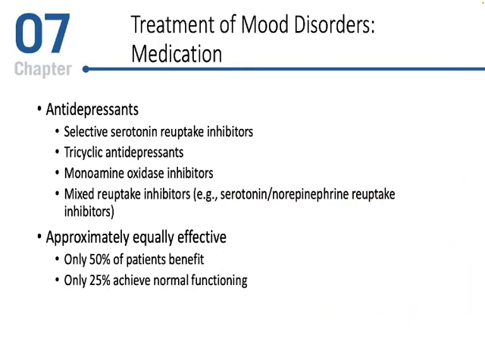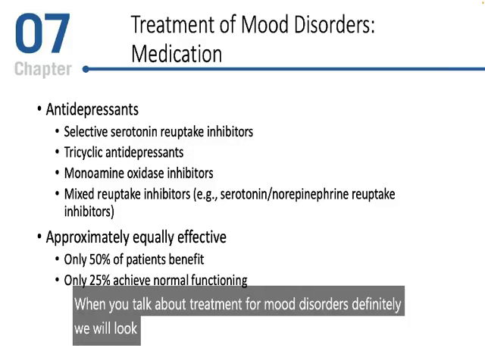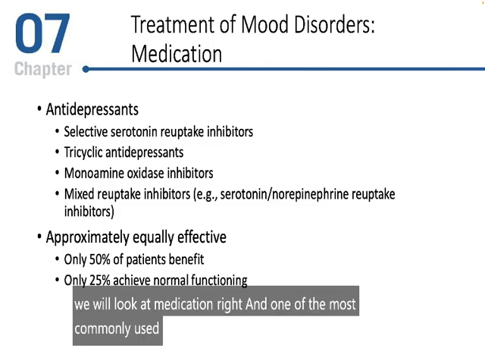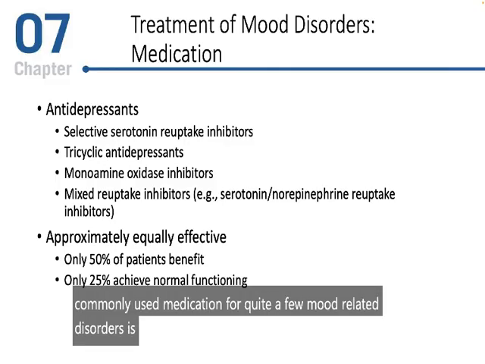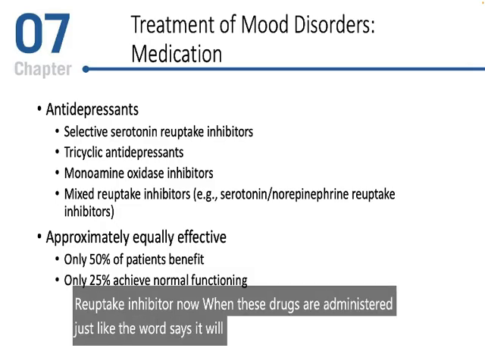Now, when you talk about treatment for mood disorders, definitely we will look at medication, right? And one of the most commonly used medications for quite a few mood-related disorders is SSRI, selective serotonin reuptake inhibitor. Now, when these drugs are administered, just like the name says, they prevent serotonin from the reuptake process.